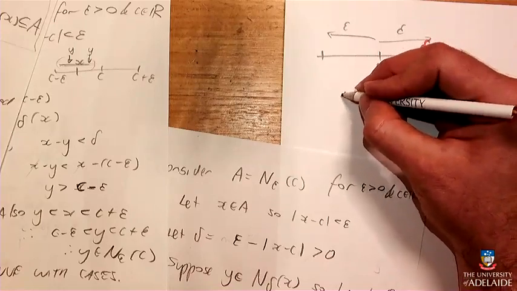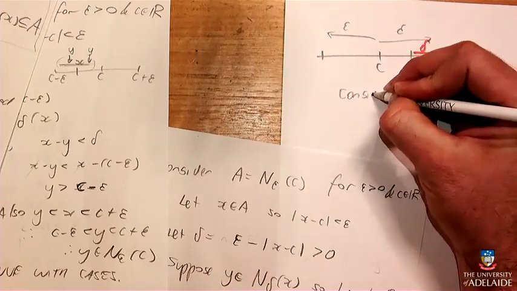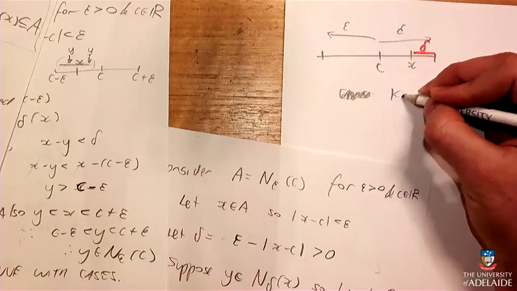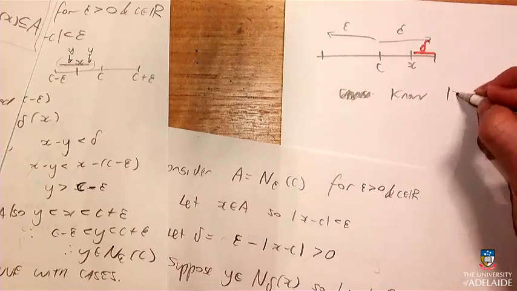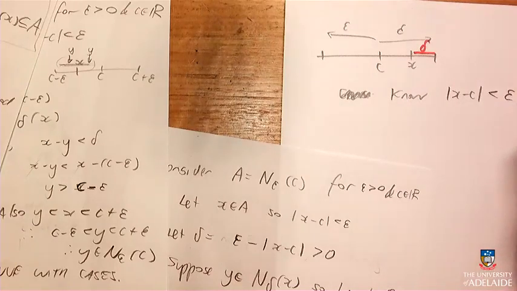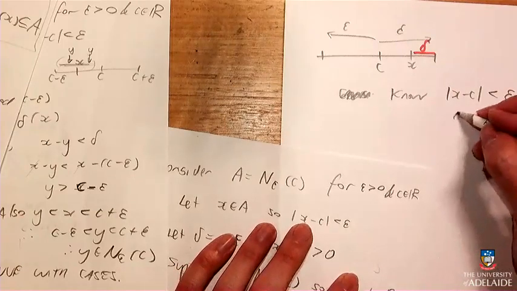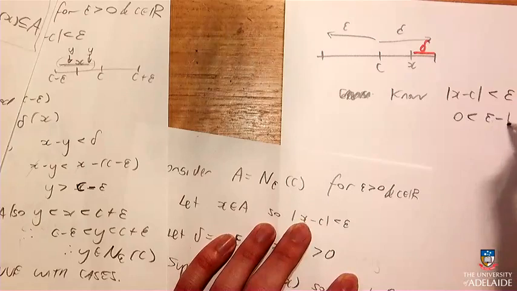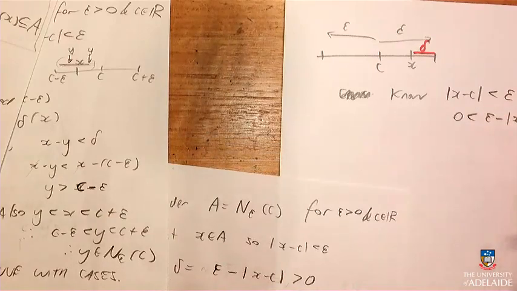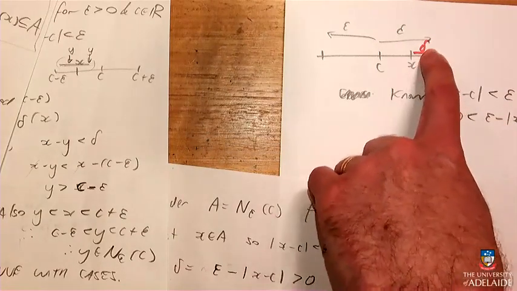So we know that the distance between x and c is less than epsilon. Which means that epsilon minus the distance between x and c is positive. And so we're just going to call delta this distance, and it's the distance we need.